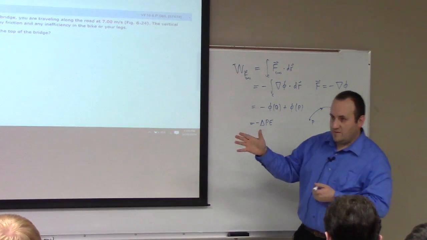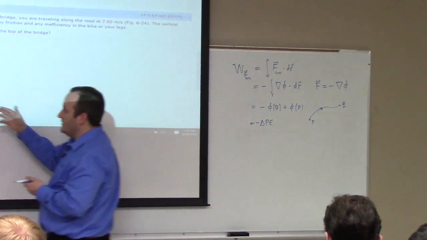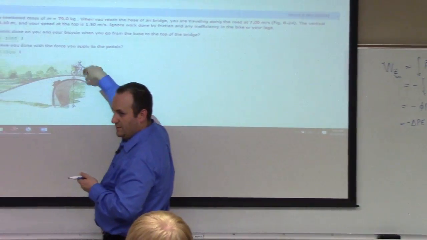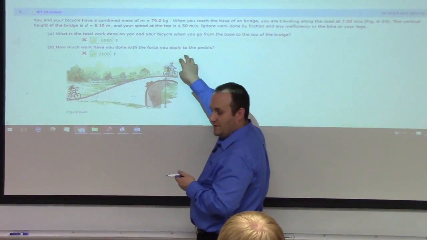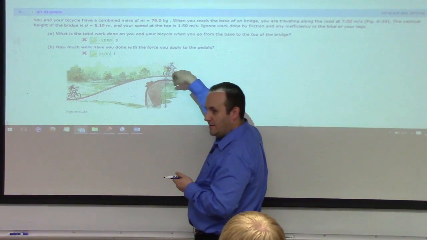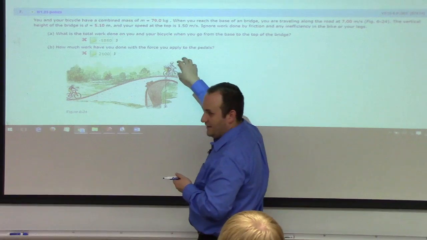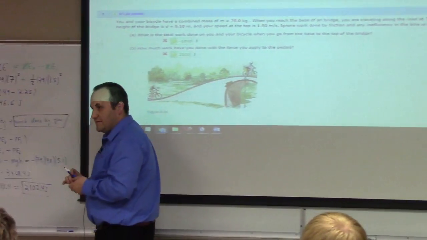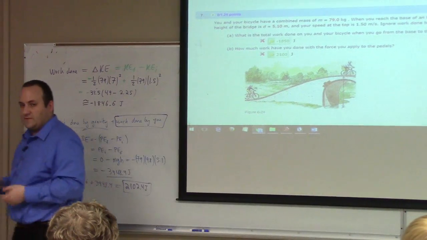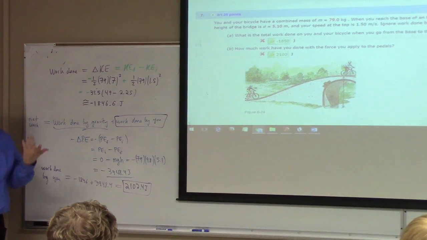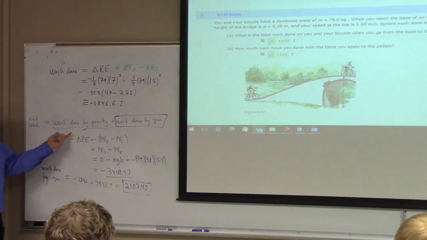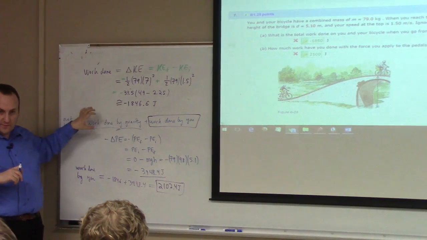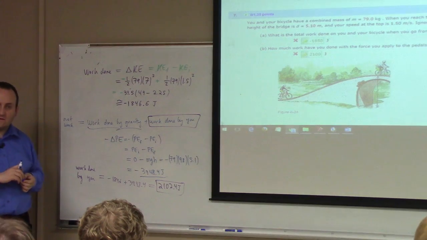But this is not a case where the net force is conservative, because there's the pedal force, which is coming from your internal chemical energy and so on. You're pedaling on the bike, you're doing work on the system, and that's part of this, so the net force is not conservative. Gravity is conservative though. So that's why I can focus in on this part of the work, which is from the conservative force, and relate that to the change in potential energy.